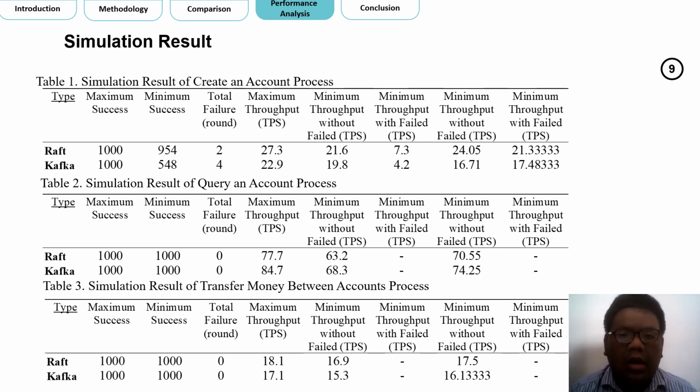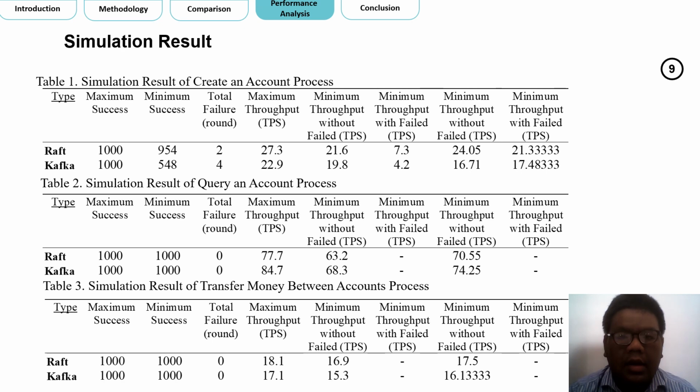Then, in querying an account in table 2, Raft and Kafka have the same success probabilities, or we can say 100%. However, for the speed of the throughput process in the query or checking transactions that are in the block, Kafka is faster than Raft, in maximum throughput, minimum throughput, and average throughput, whether there are transaction failures in the process or not.